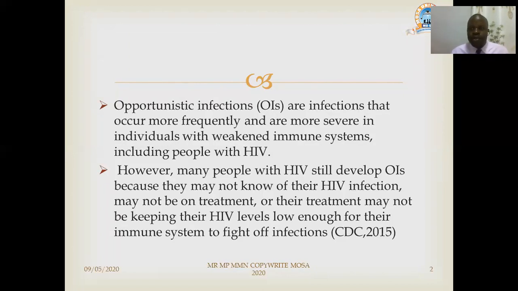So in most cases, those with HIV/AIDS tend to develop these opportunistic infections because they don't know that they're HIV positive, and the treatment which they are on is not helping them enough to raise the CD4 cell count up.